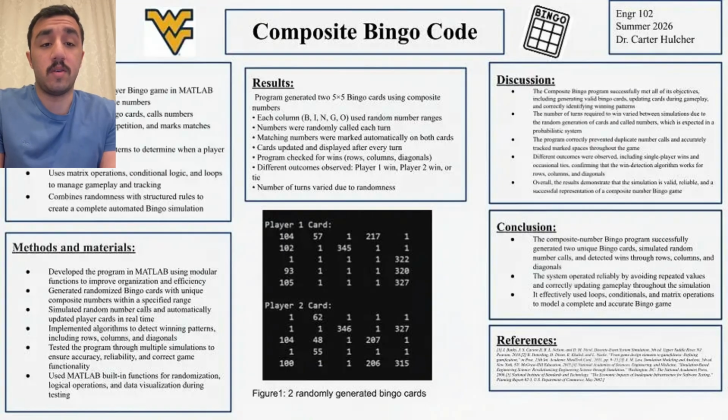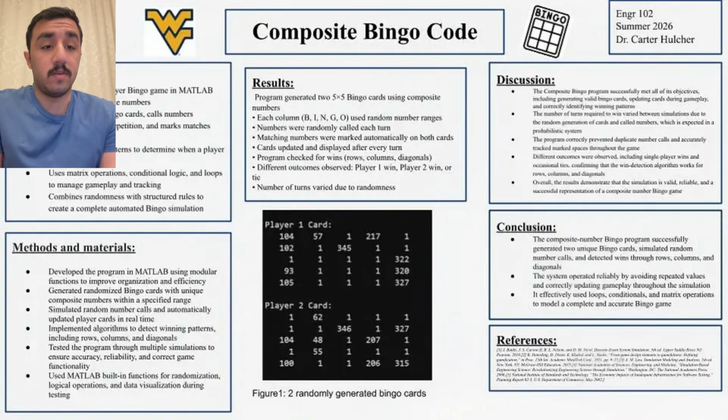The program also removes duplicate calls of numbers and correctly accounted for marked spaces throughout the entire gameplay. In some simulations, one player won first. In other simulations, both players got bingo at the same time, so there was a tie.